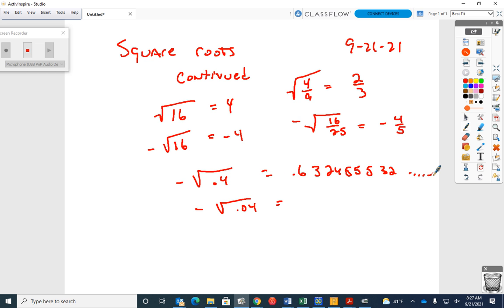And here's the reason why. This decimal placement is important because, anytime you multiply, if you do this one, do the square root of 0.04, tell me what you get. Negative 0.2, right? Okay.